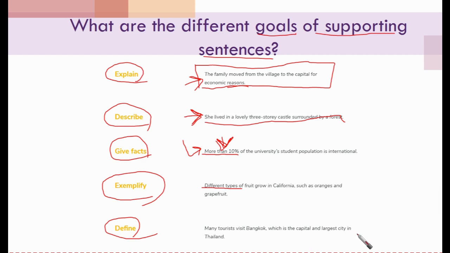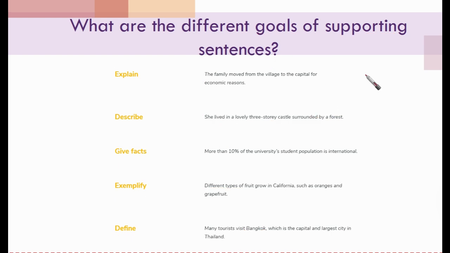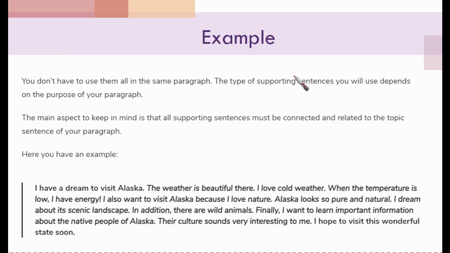So they define Bangkok by explaining that this is the capital and largest city in Thailand. So these are all supporting sentences. They cannot be topic sentences, but they are here to support the topic sentences.